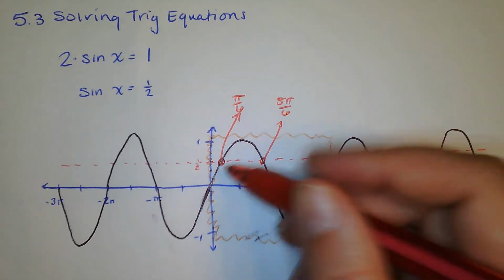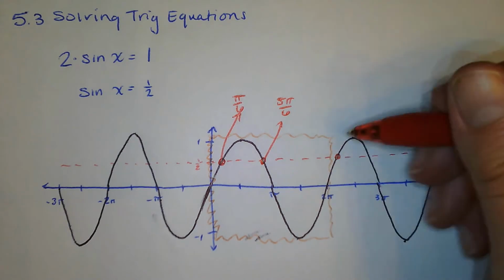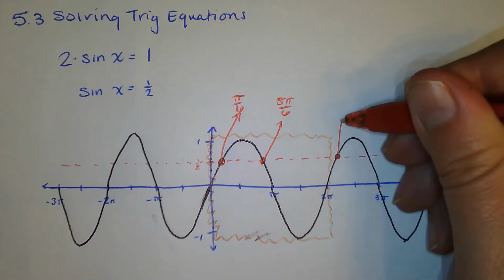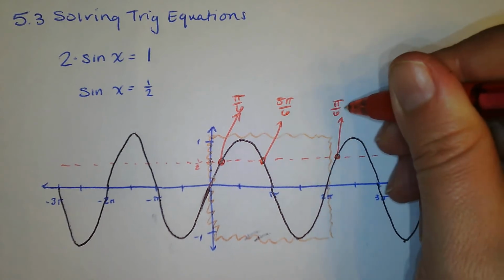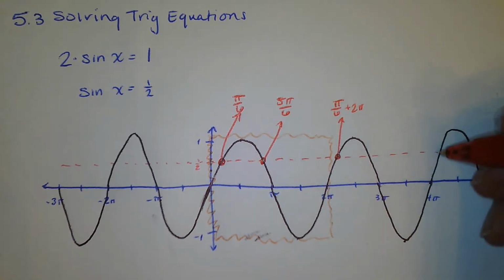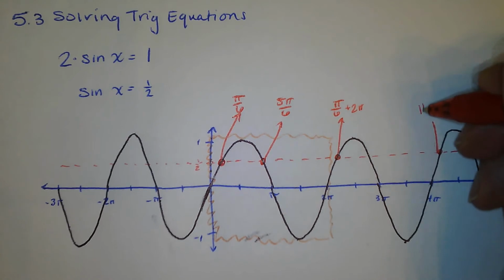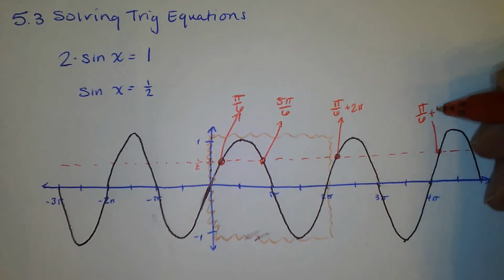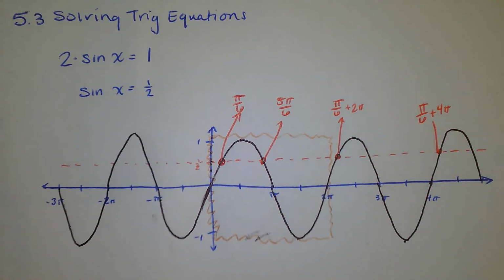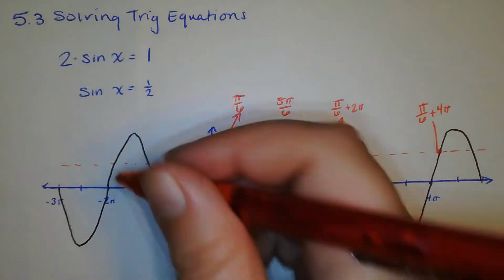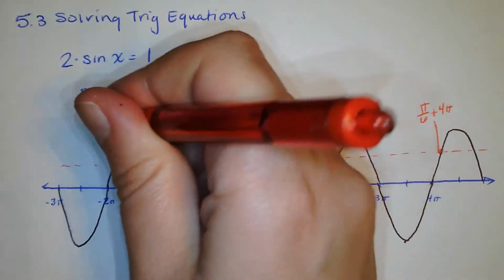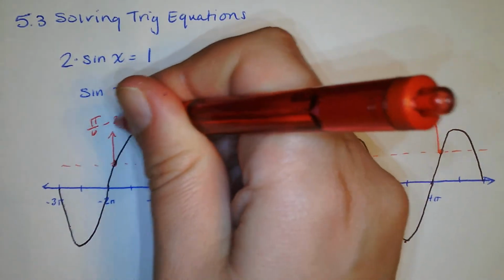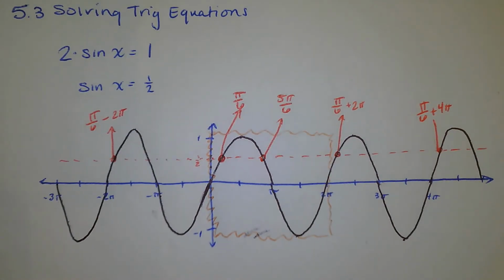All right, so this value is corresponding to the pi over 6. So this is pi over 6 plus 2 pi. And this one would be pi over 6 plus 4 pi. And this one right here would be pi over 6 minus 2 pi.